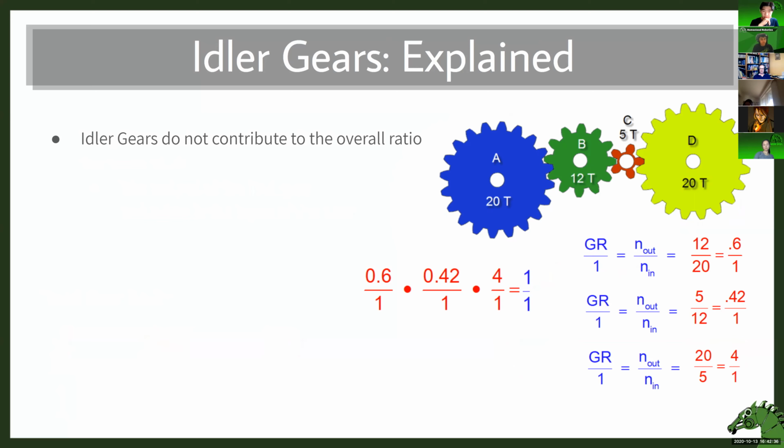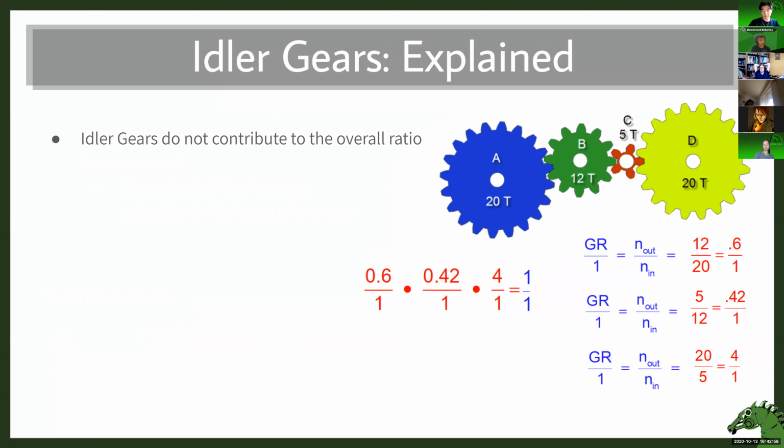The speed of the gears on the outside is going to be the same, because of that 1-to-1 ratio, if you were to put those two outer gears together. The speed from A to B, because of the 0.6, is going to increase.